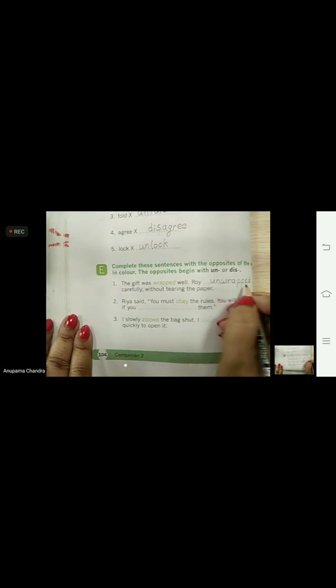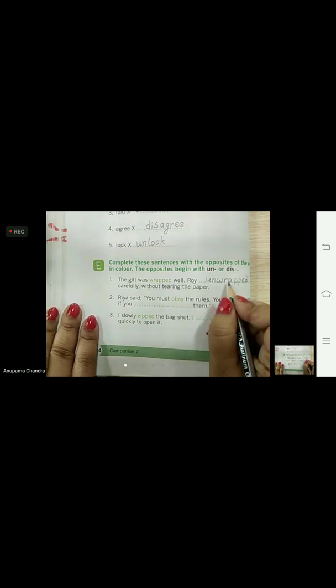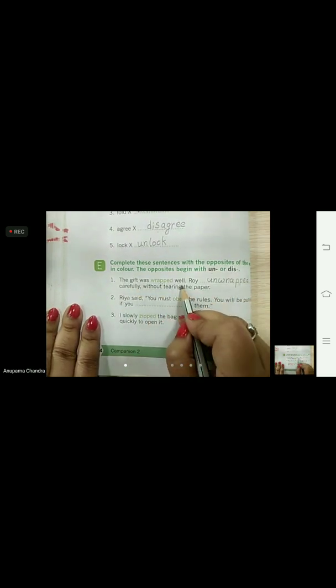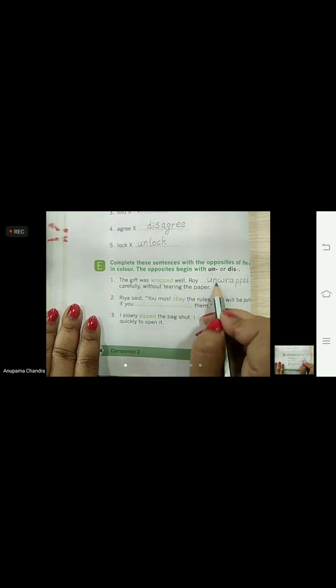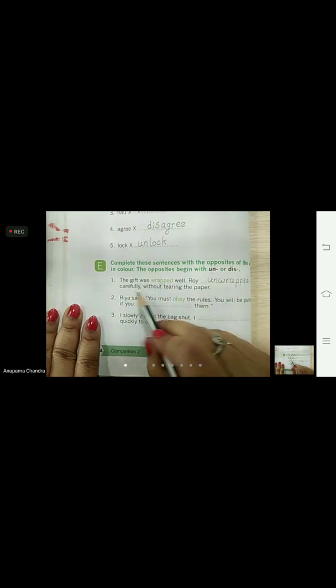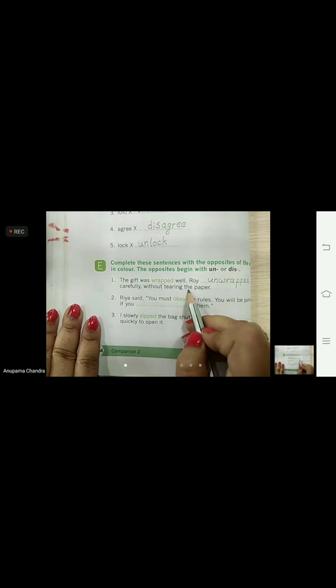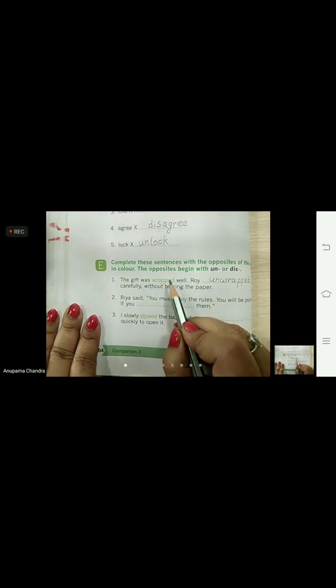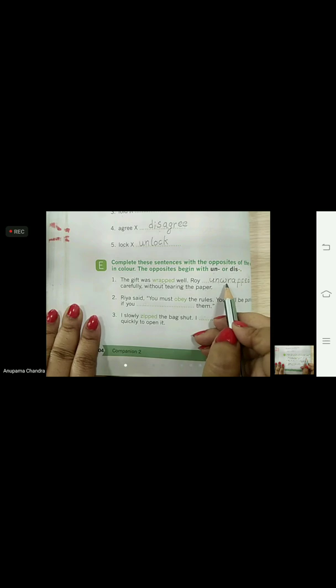W-R-A-P-P-E-D, wrapped, unwrapped. The gift was wrapped well. Roy unwrapped carefully without tearing the paper. So by adding un, we made the antonym for wrapped, unwrapped.